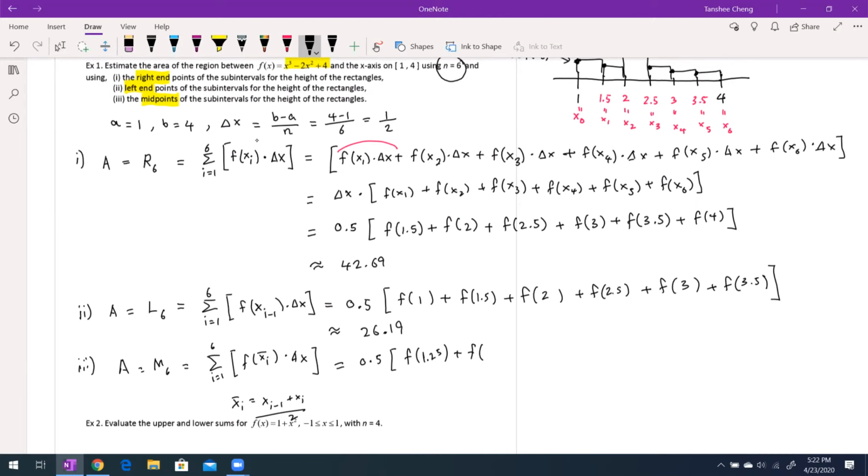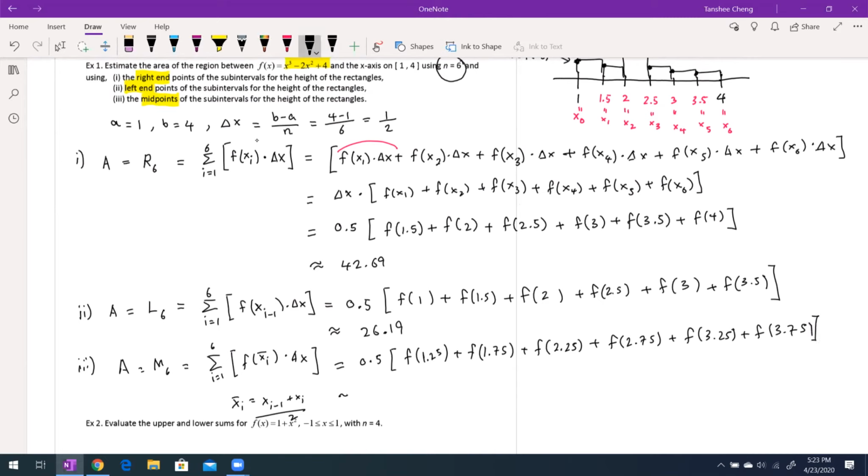So the midpoint will also increment by 0.5. The height of the next rectangle will be 1.75, then 2.25, then 2.75, then 3.25, and the last one will be 3.75 to evaluate.